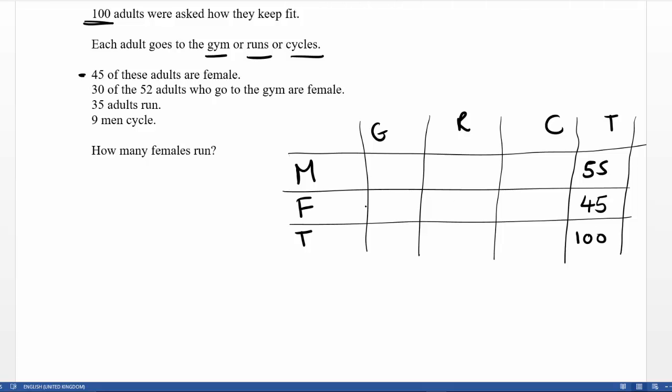Now 30 of the 52 adults who go to the gym, so they've told us here 52 adults go to the gym. So the total male and female is going to be 52, and 30 of the 52 who go to the gym are female, so we've got 30 here, right? So obviously 52 minus 30 is going to leave us with 22 men.